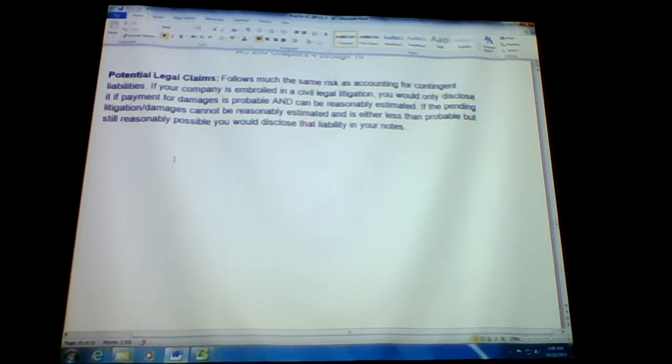In that case, you would book a liability in your liability section of your financial statements. If the pending litigation damages cannot be reasonably estimated and is either less than probable but still reasonably possible, you would disclose that liability in your notes. And again, as above, if the chances are remote, you don't even disclose it.